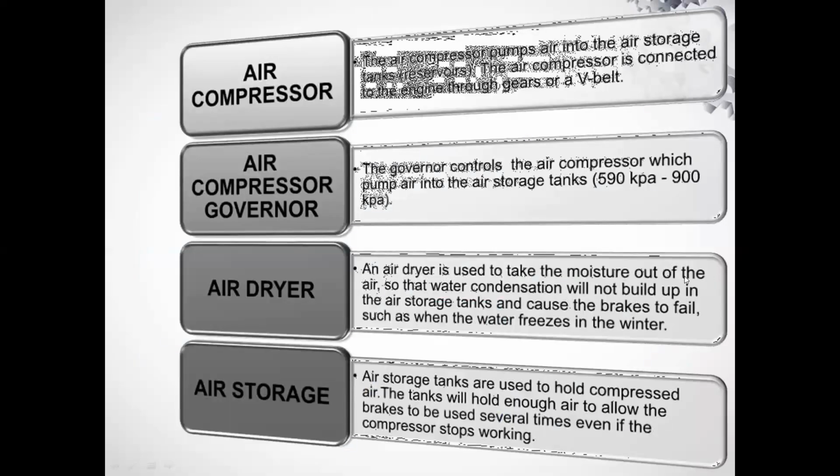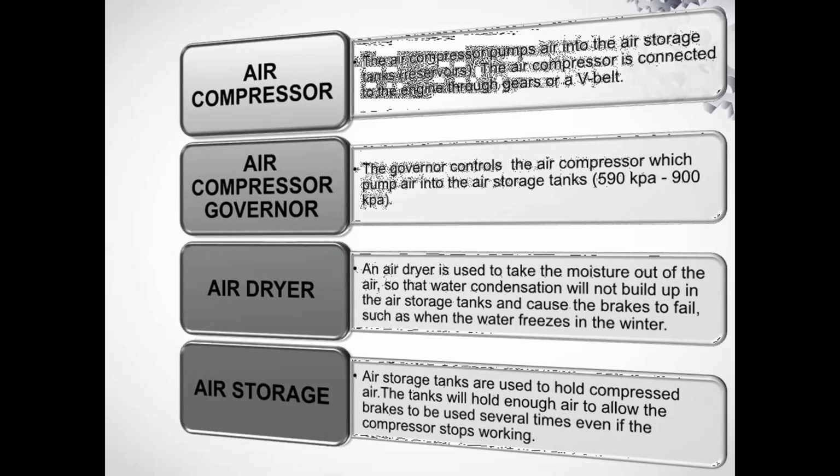Now the details of these components: air compressor, governor, air dryer, and air storage. The air compressor pumps air into the air storage tanks, the reservoirs. The air compressor is connected to the engine through gears or a V belt.